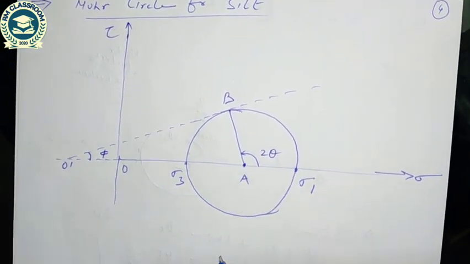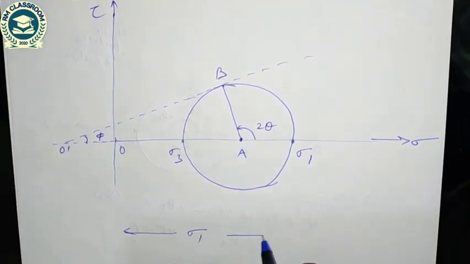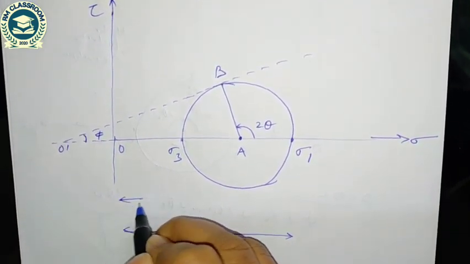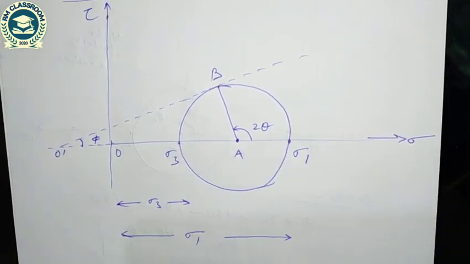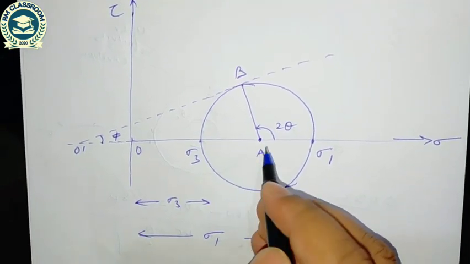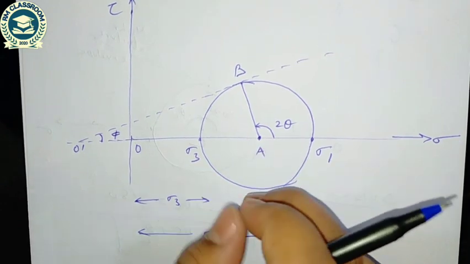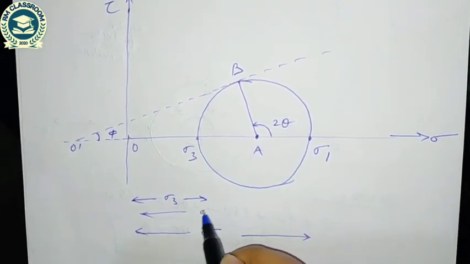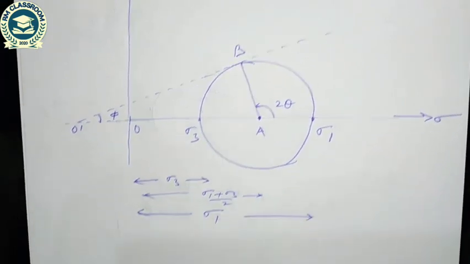So we know this value is sigma 1, major principal stress, and this value is sigma 3. So what is the diameter of the Mohr circle? Sigma 1 minus sigma 3. So what is the radius of the Mohr circle? Sigma 1 minus sigma 3 by 2. So this length is sigma 3 plus sigma 1 minus sigma 3 by 2, so that is sigma 1 plus sigma 3 by 2 from the center.